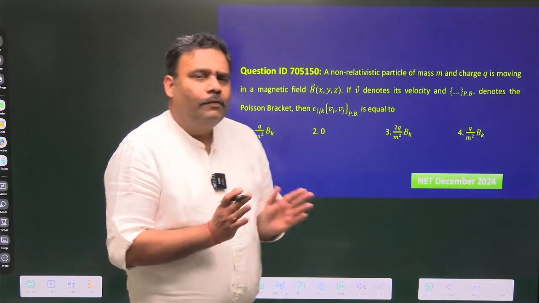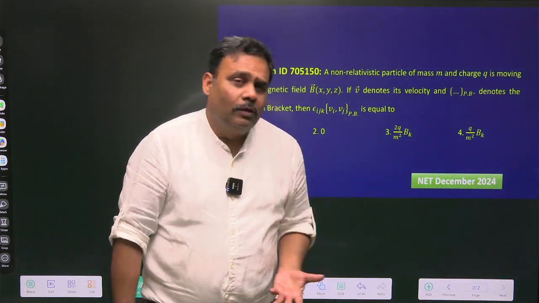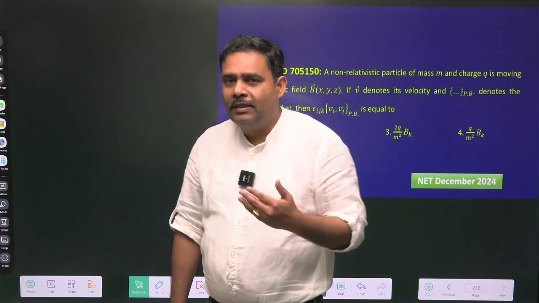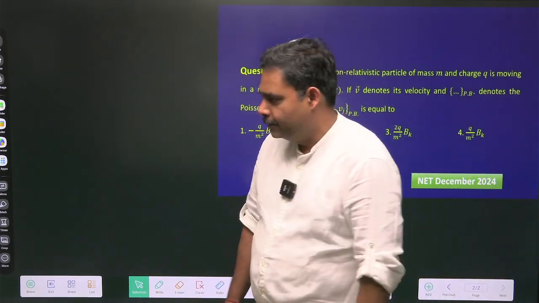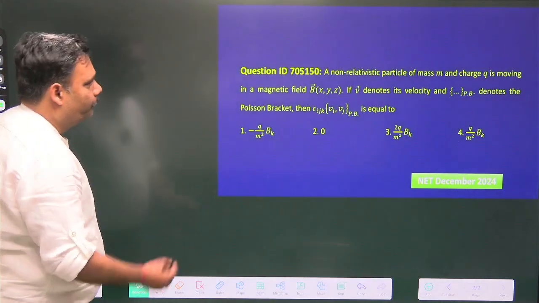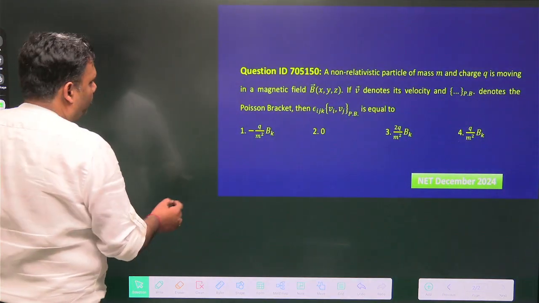It's a wonderful question conceptually, but if you approach it from the very basics, then you can solve it in the examination. What you need is to write the Hamiltonian of the system.